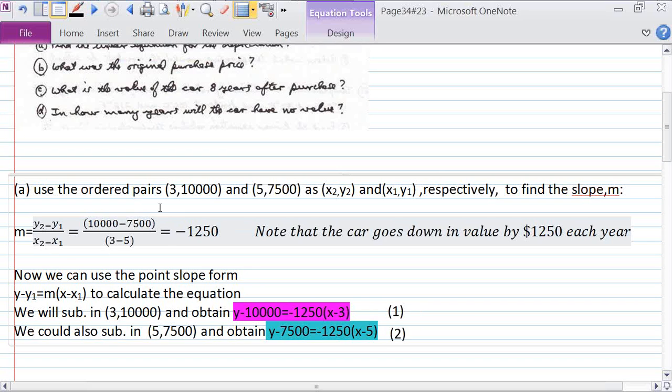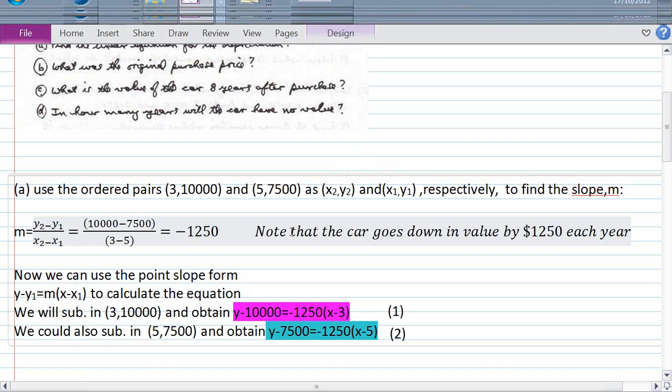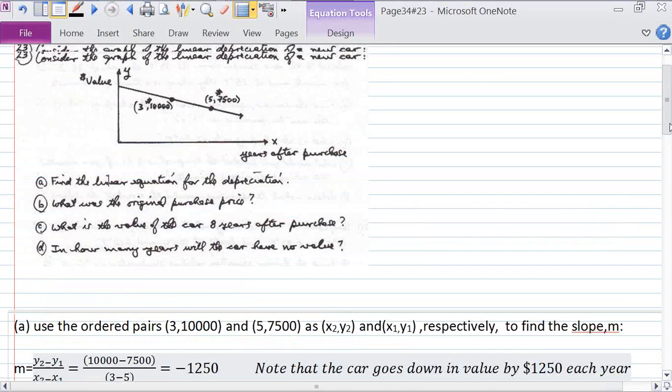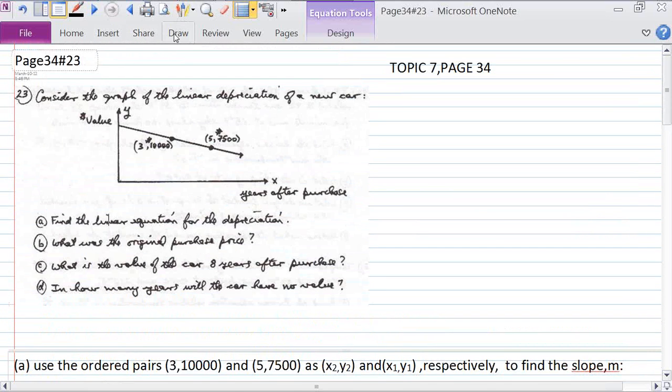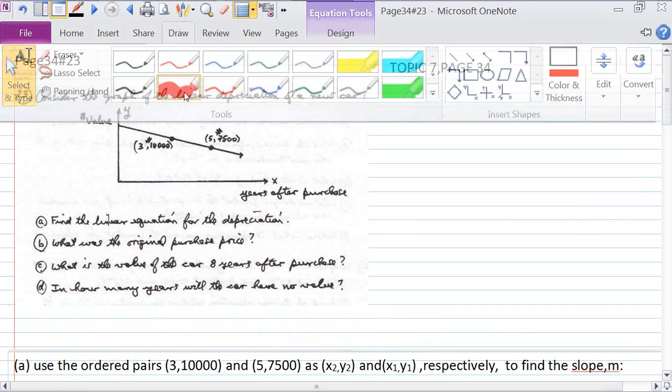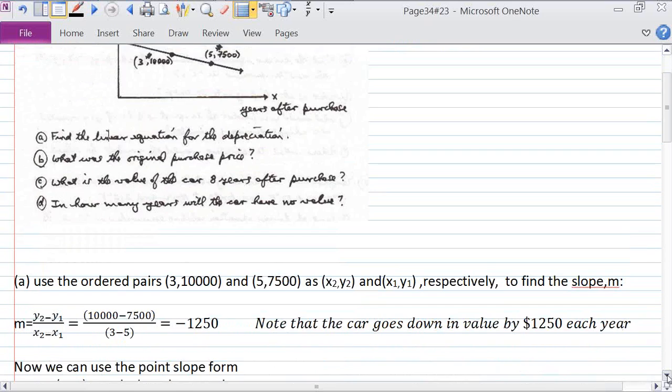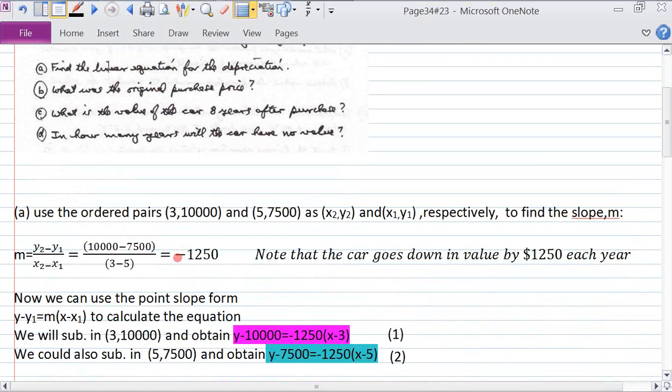Excuse me for a second, that should be minus 1,250. So what we're saying here is the value of the car is going down by $1,250 each year.